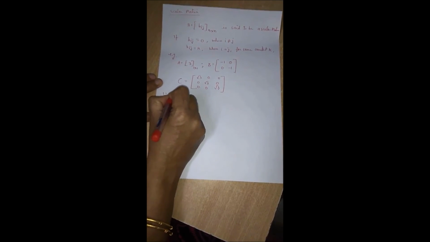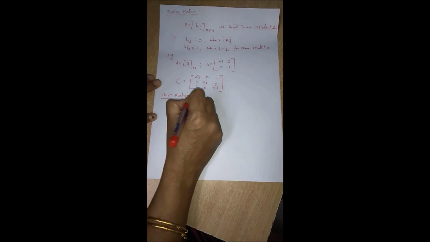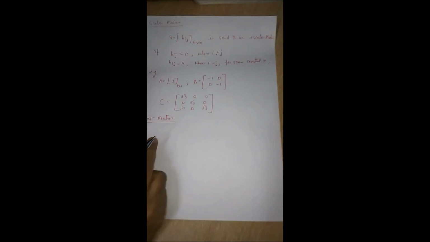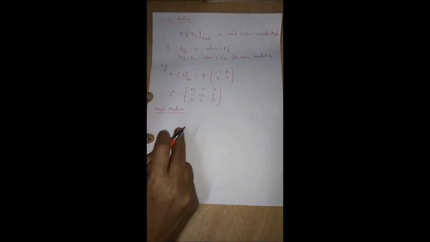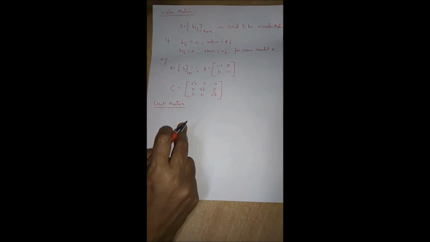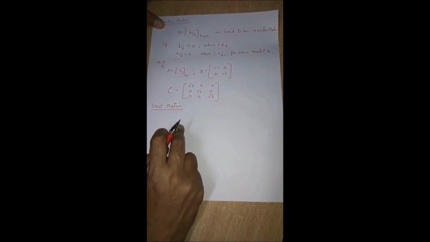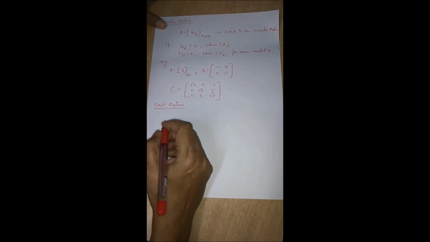Unit matrix. Next type of matrix is unit matrix. Now, what do we understand by unit matrix? Any square matrix in which elements in the diagonal are all 1 and the rest of the elements are all zeros is called an identity matrix.